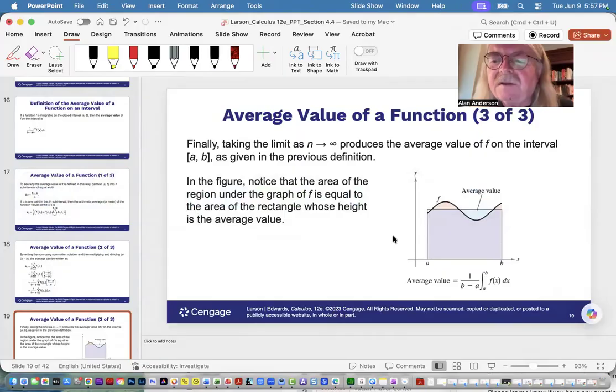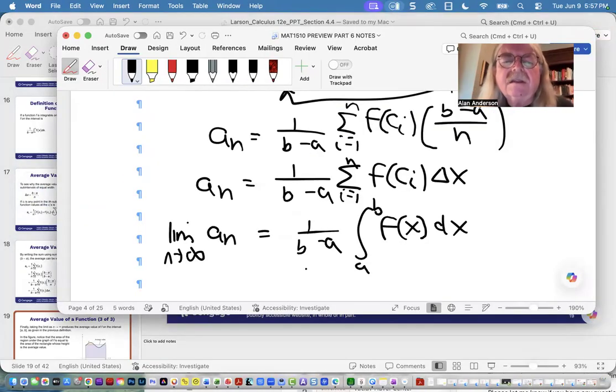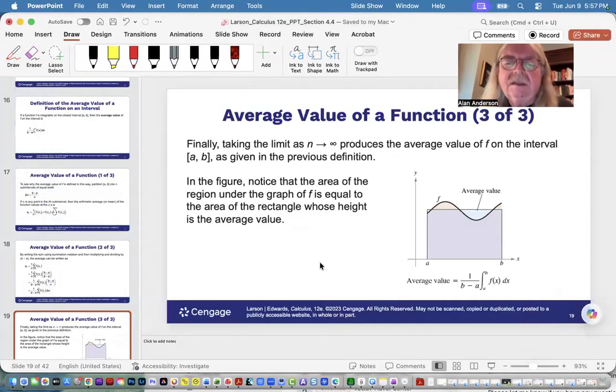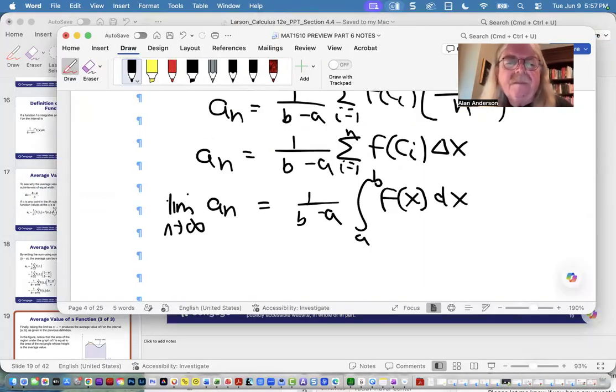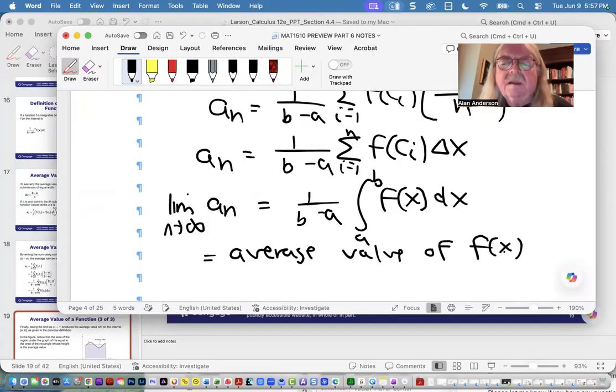Okay, so that's where this is coming from. Okay, so this is the average value of that function over that interval.